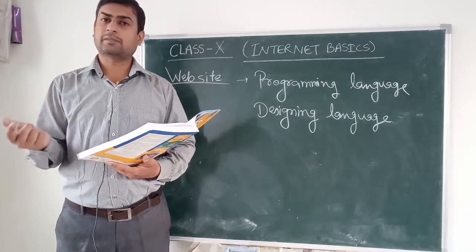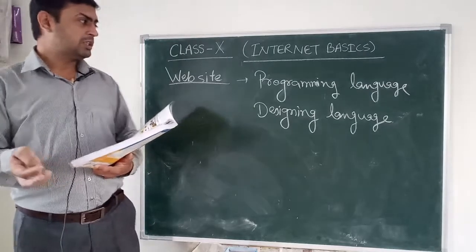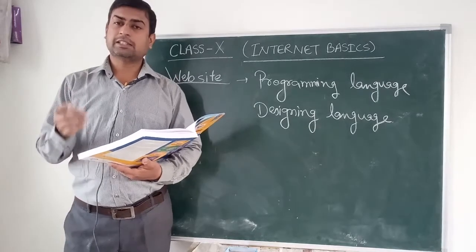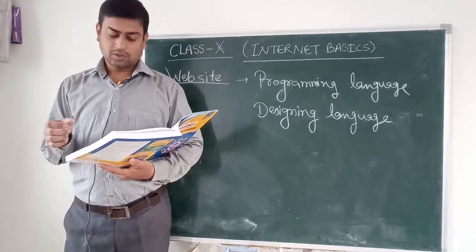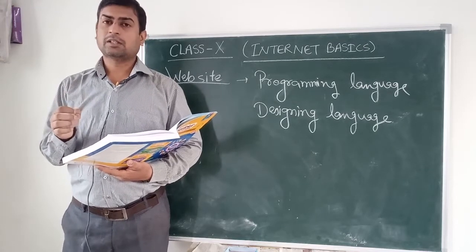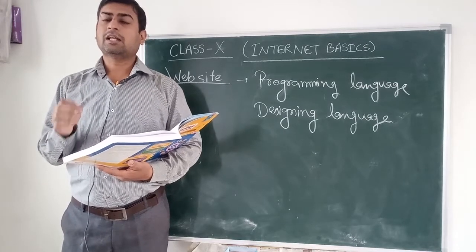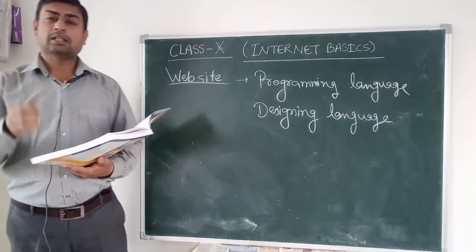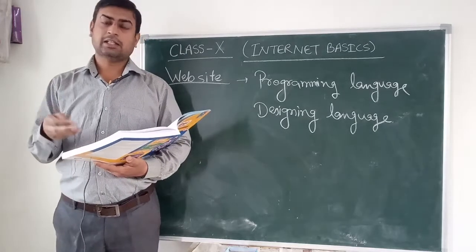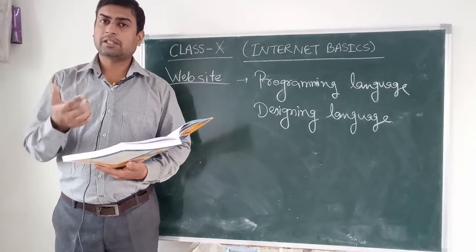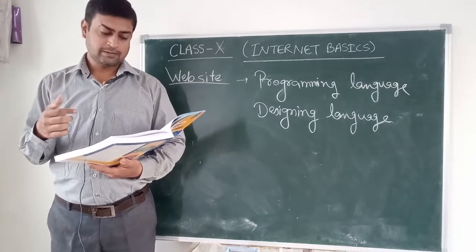All these are programming languages. Now the designing language means HTML and XML, which will not have any logic, but it will have the color, the orientation, the design and everything which you want to display, that can be changed.